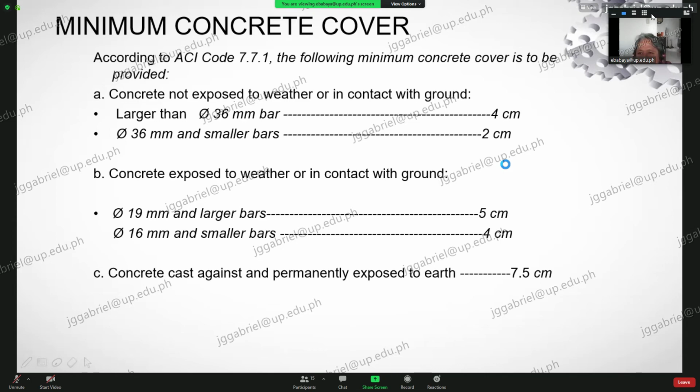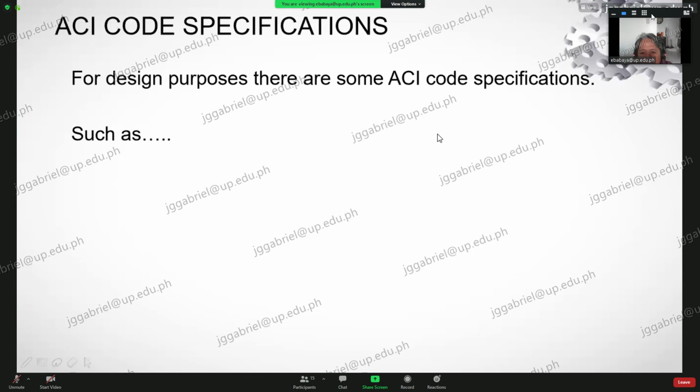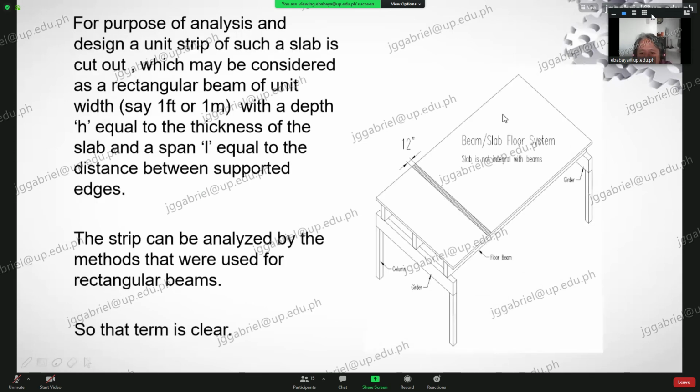Okay, so far, do you have any question? Any question, class? Okay. The flexural bars, let me draw it here.